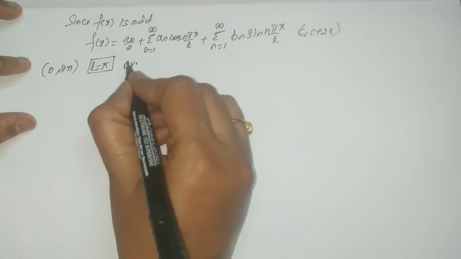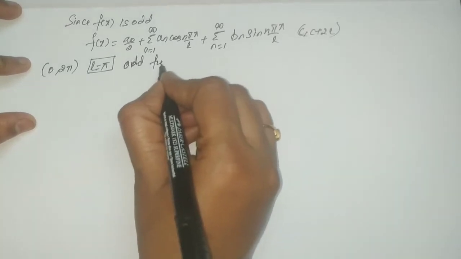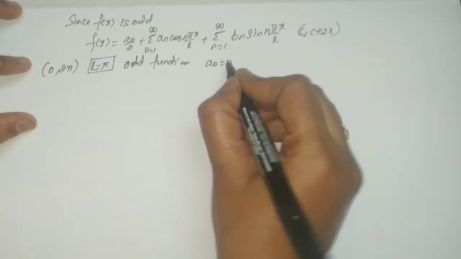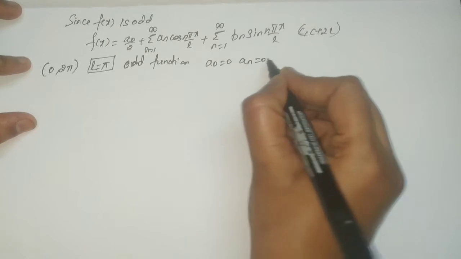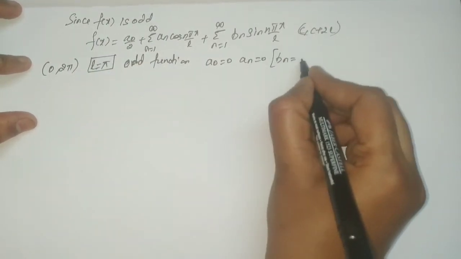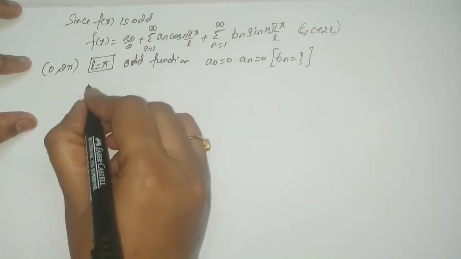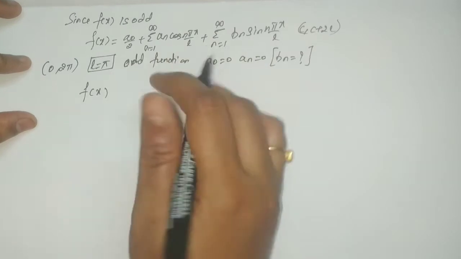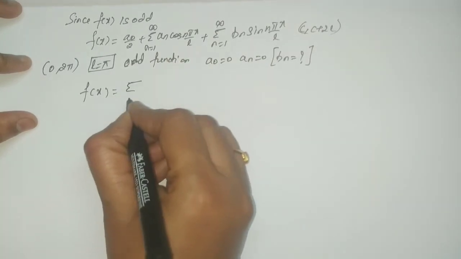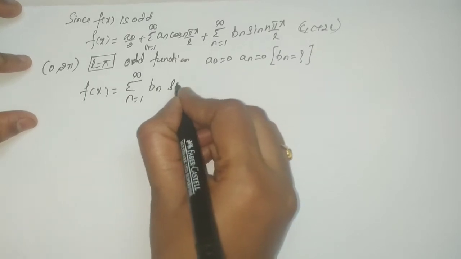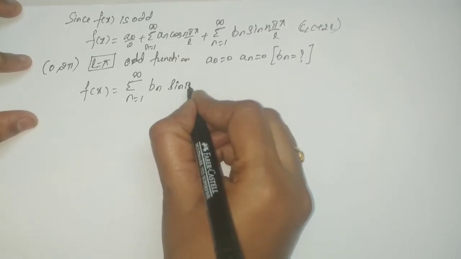And we checked the function is an odd function. So since we have identified the function is odd, you can write a0 as 0, an as 0, and write the Fourier series only for Bn. So what happens to f of x? This term will be 0, this term will be 0, you don't have to write. It is only the sine function because it is odd. Sine is always an odd function.